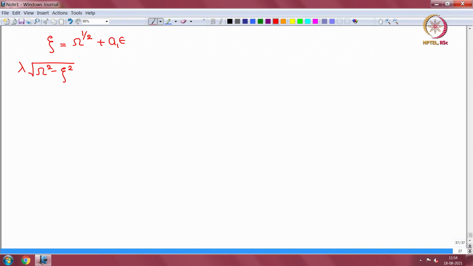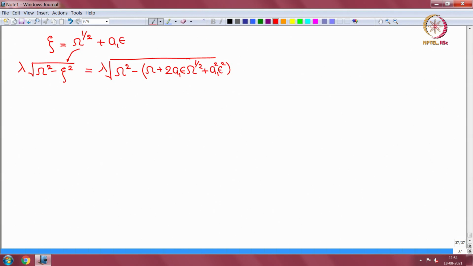So this xi gets substituted in here in this form. So if we do that, I get lambda square root of omega square minus xi square, which is omega plus twice a1 epsilon omega to the power half plus a1 square epsilon square.